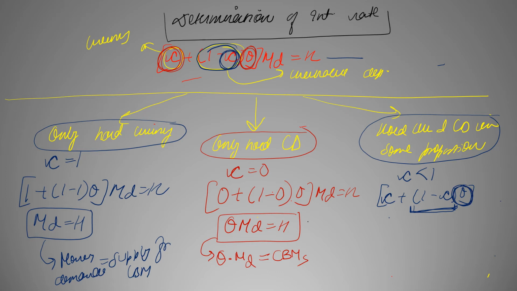Theta is usually in points, it's 25% or 75% at max, or say 10%. It's always less than 1. It's in percentage, it's already in point form, right? So even if you multiply them, it's not going to be more than 1. And also you have considered C to be less than 1. So eventually you can say this entire value of this part is going to be less than 1, right?